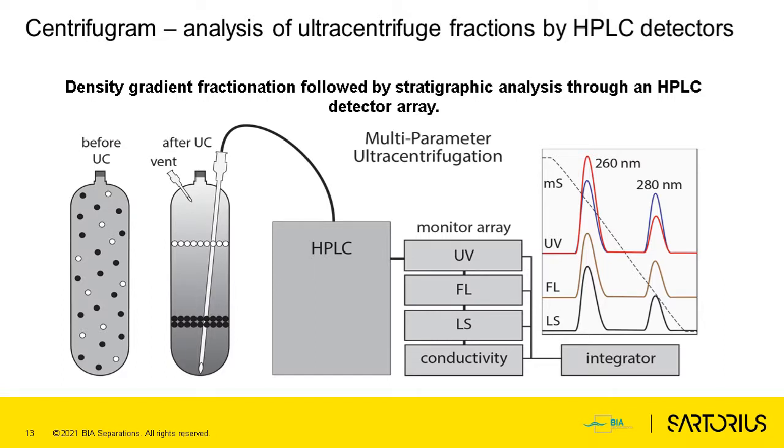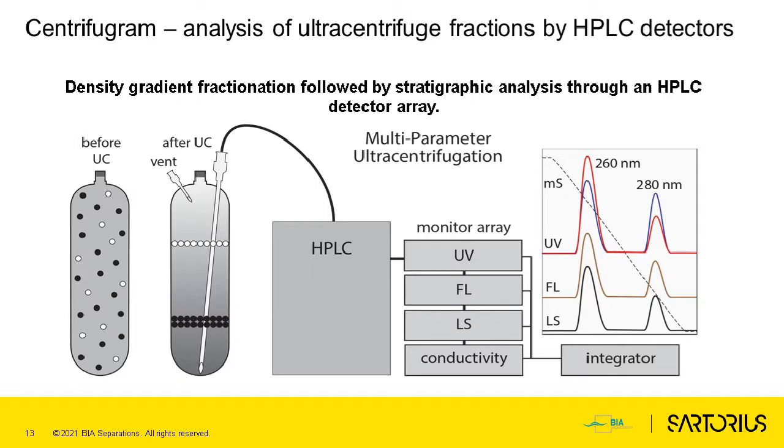Yet another orthogonal method is the ultracentrifuge. Ultracentrifuge has been routinely used for many decades, so there is a lot of data on it, but usually we would just take pictures. We wanted to have a bit more data from the ultracentrifuge.